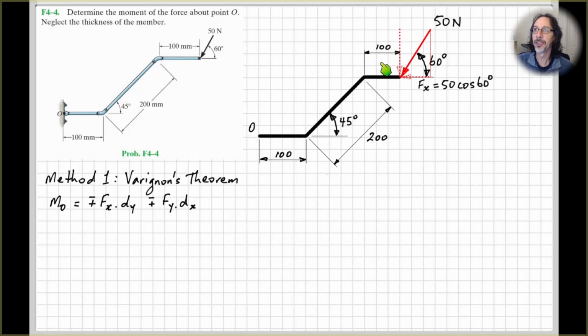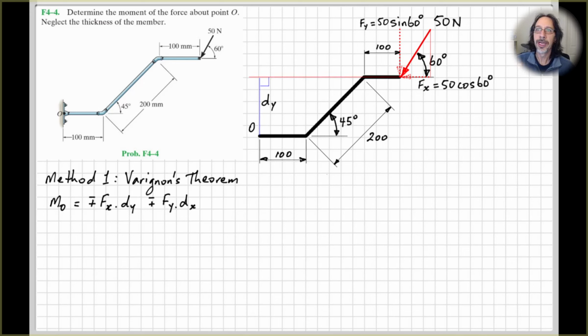So it makes it obvious what the perpendicular distances are. I won't draw it out here, but we know obviously that the length of this component will be the length of this side of this triangle, the opposite side of this little right-angled triangle. So that we know will be 50 sine 60 degrees.